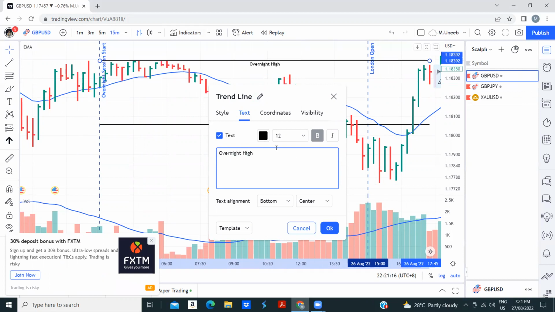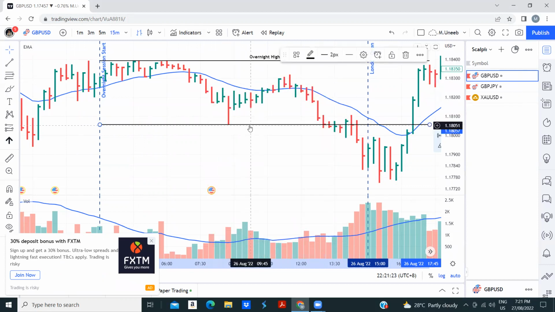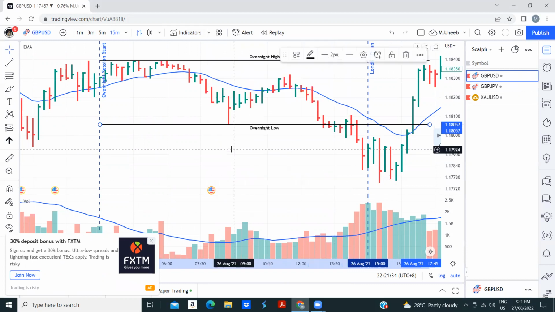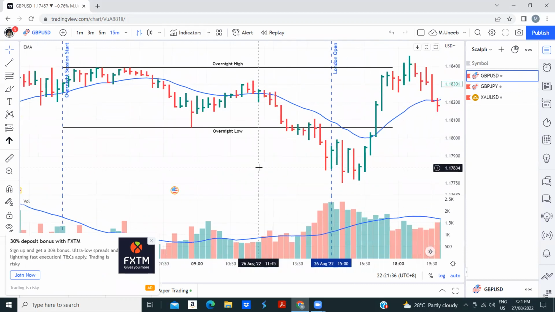You just mark it overnight high. On the text, you can edit it, make it top side, center. Then double click it, go to style, go to text one, write down overnight low, select the size which you want and the color, according to you, bottom, center. All right, overnight low. Now you have all the tools.